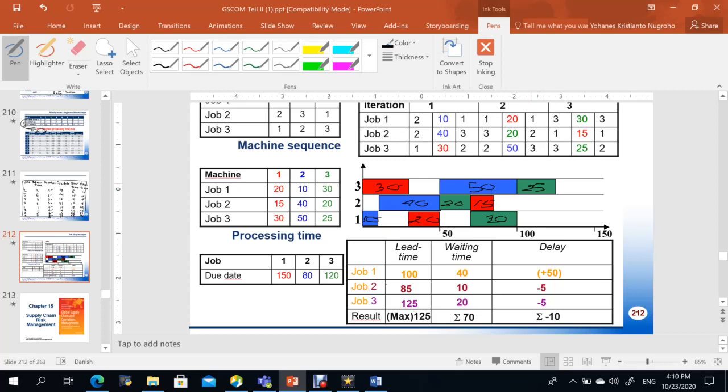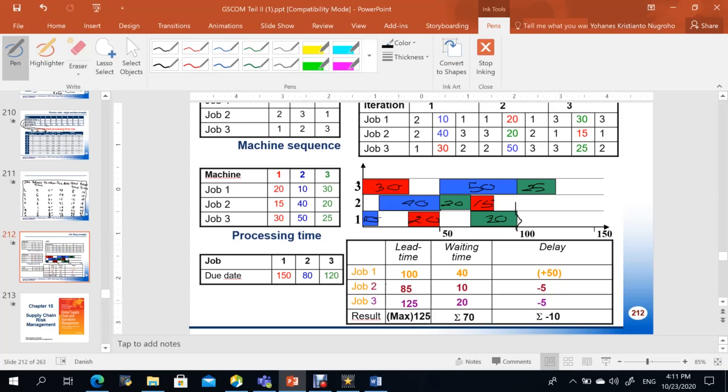For instance, for job number 1, the lead time is at 100. It comes from here. It is for job number 1. It ends at 100. And for job number 2, it is from here 10 plus 40 plus 20 plus 15, and therefore equal to 85, right?